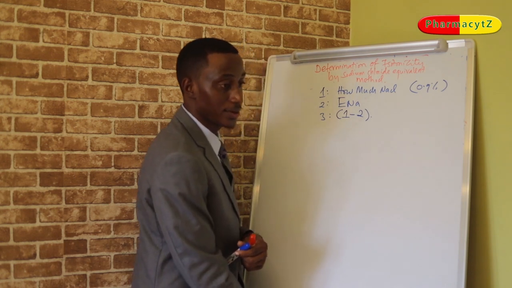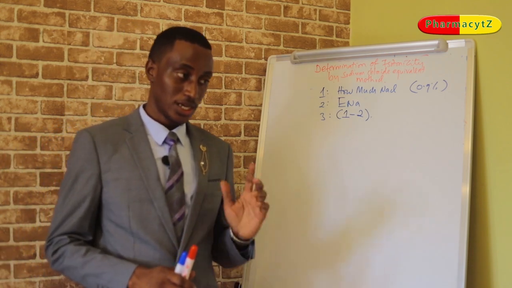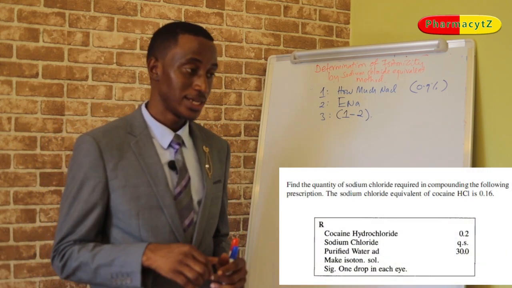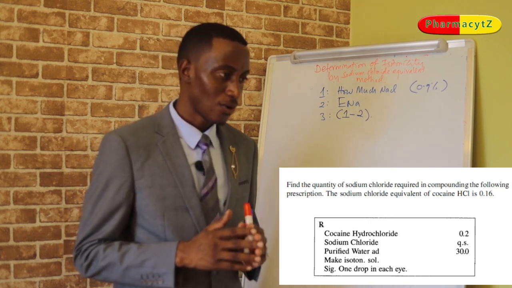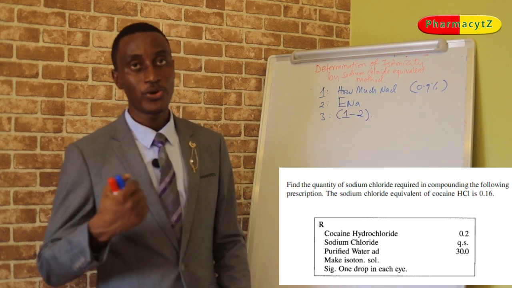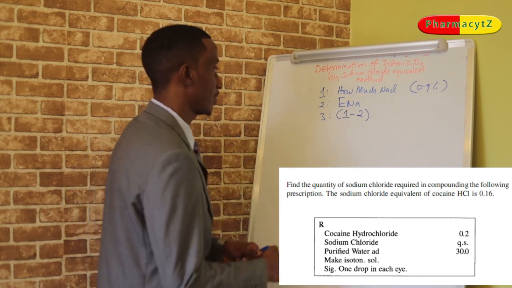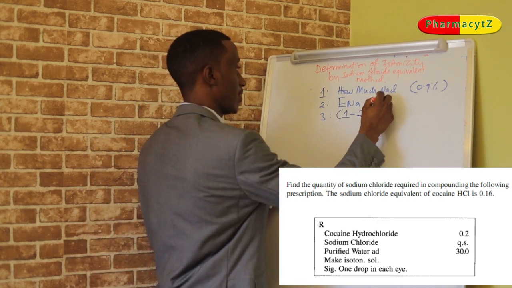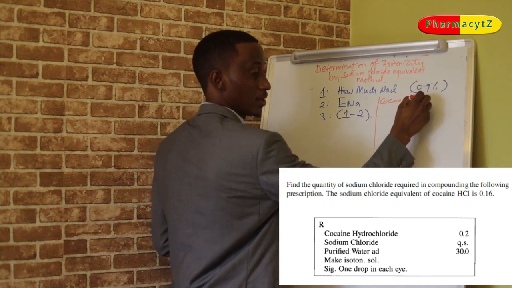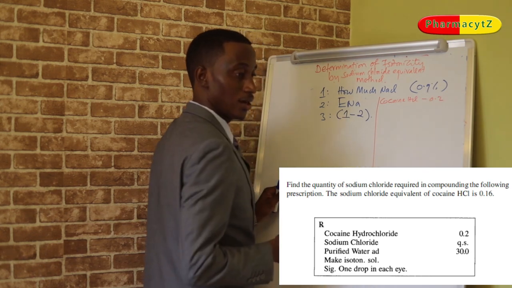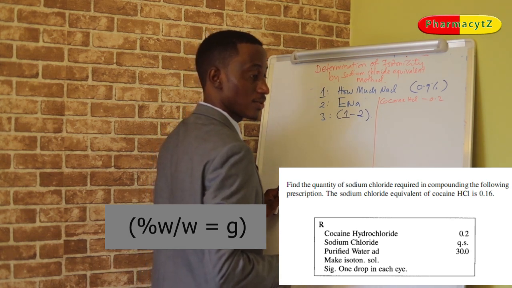Let's do it. For instance, we have the following prescription. It says, find the quantity of sodium chloride required in compounding the following prescription. The sodium chloride equivalent of cocaine hydrochloride is 0.16. So, what are the ingredients? We have cocaine hydrochloride, 0.2, and that is in terms of percentage.